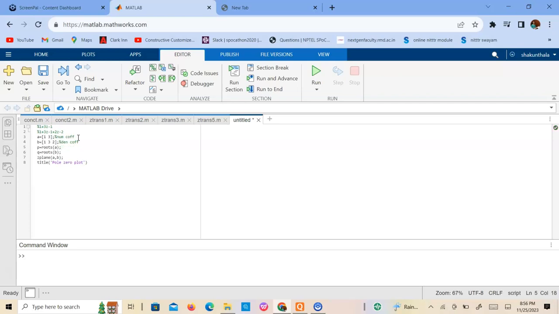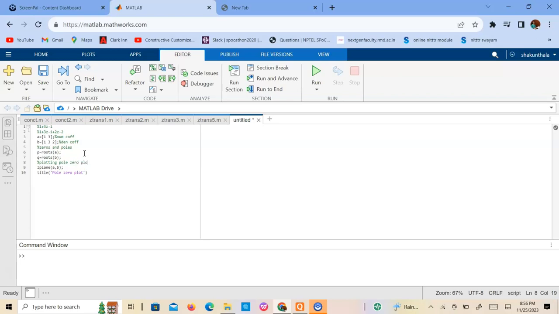Okay, let me give here generally, I am finding out the roots, meaning that finding out the zeros and poles using the following command, and then I am plotting the pole zero plot.